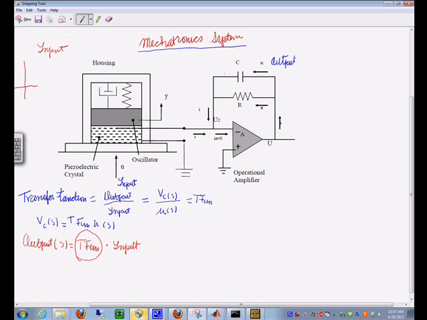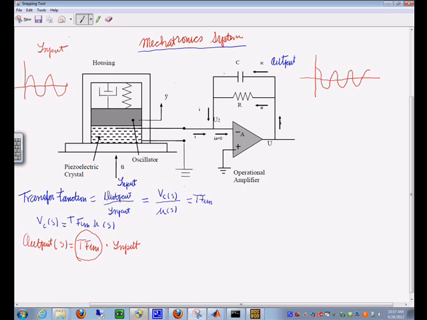It's just a sinusoidal input like that. But the output, as we receive it over here, might be a little bit out of phase, not necessarily exactly in phase with the input.